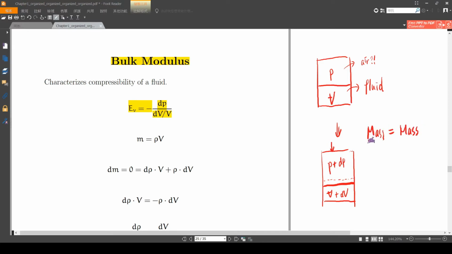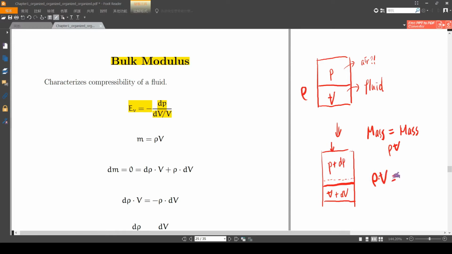And how do we calculate the mass? It is equal to the density times the volume. Therefore, for the original part, the mass is equal to the original density times the original volume.